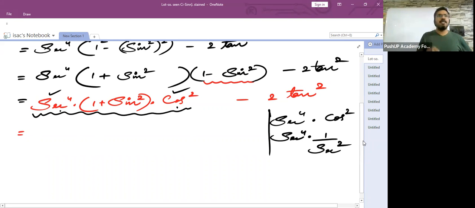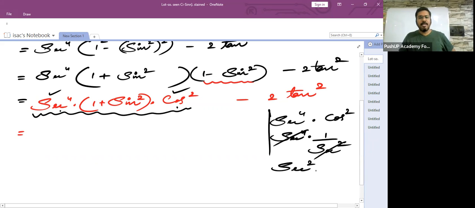Just because cos and sec are reciprocal functions to each other, we can write it. So sec raised to 4 into cos square becomes sec raised to 4 into 1 upon sec square. So in the very next step, sec raised to 2 and sec raised to 4 will get eliminated. And what is left over? Only sec square is left over.